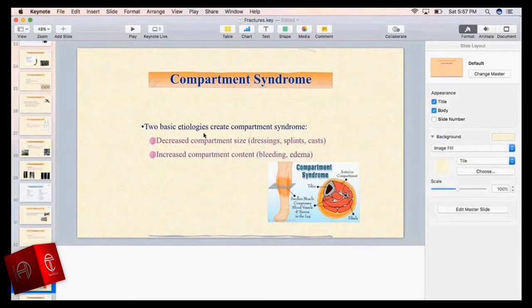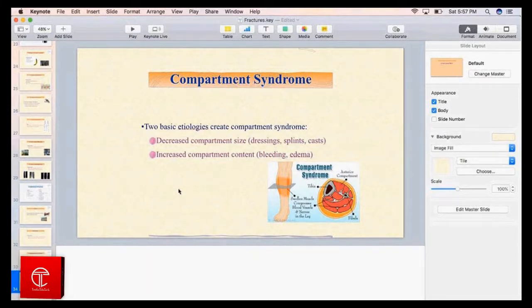The basic two etiologies of compartment syndrome are that the pressure is coming from outside, or the pressure is inside the compartment. A decreased compartment size from a splint, cast, or dressing can reduce the compartment size.